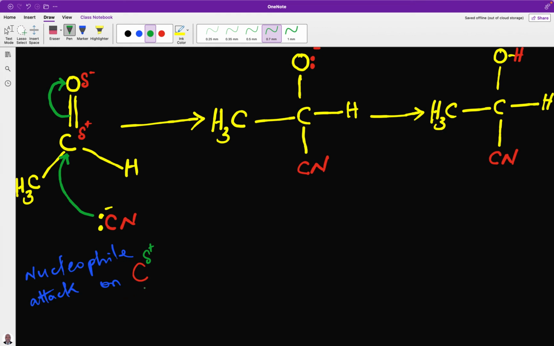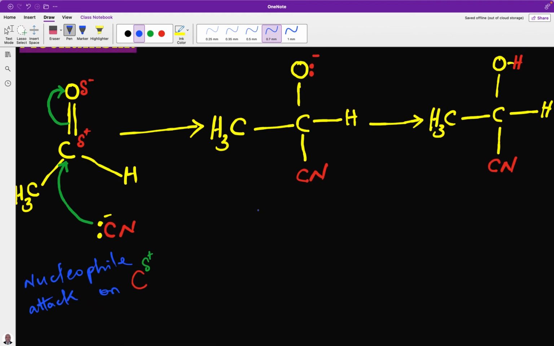Now, as you go here, I can say the negative ion picks up the hydrogen ion. The hydrogen ion from the cyanide.